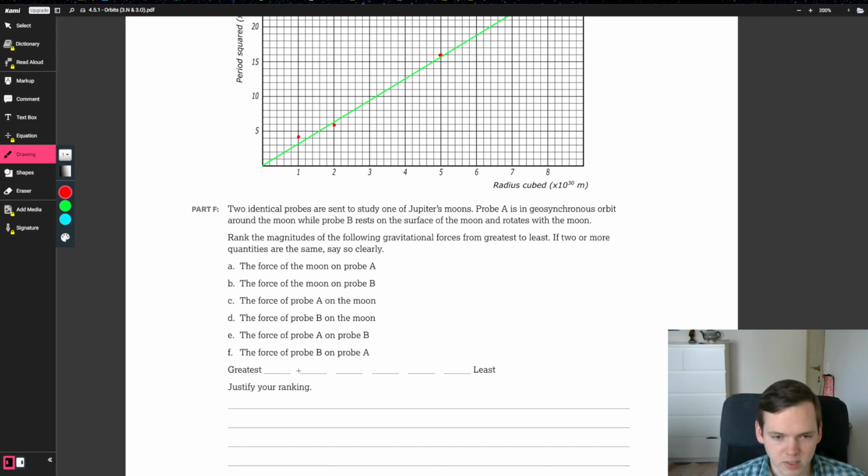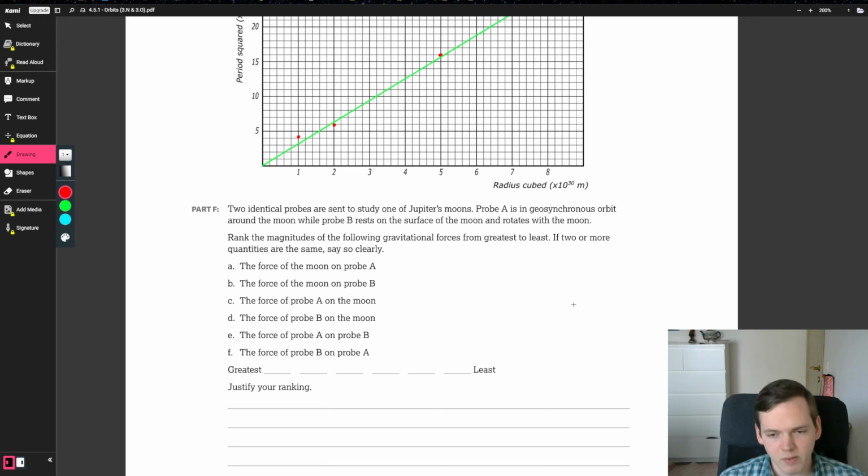So we know the greatest force would be whatever we're closest to a gravitational source. The forces are: force of moon on probe A, force of moon on probe B, force of probe B on the moon, force of probe A on the moon, and force of probe A on probe B.